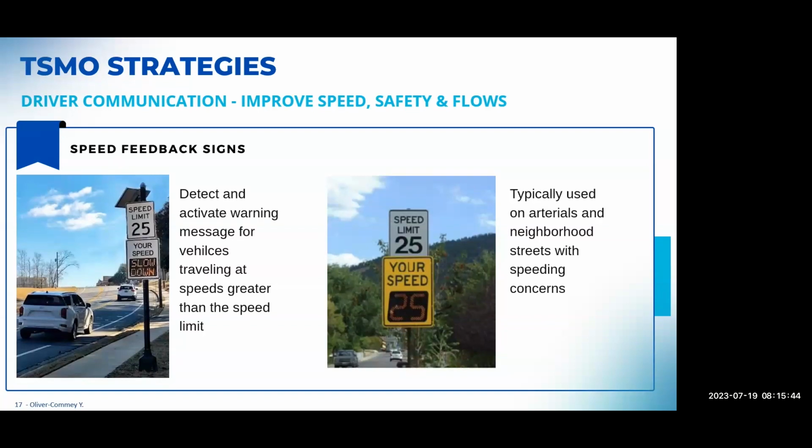It only gets activated if you're going above the speed limit. So sometimes when you're just at the speed limit or a little above, your speed will show up right under the static sign, and then the message about you're going too fast, slow down, also shows up.